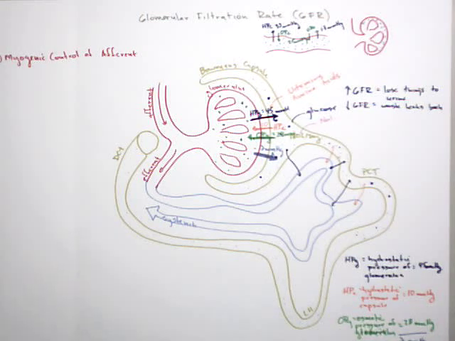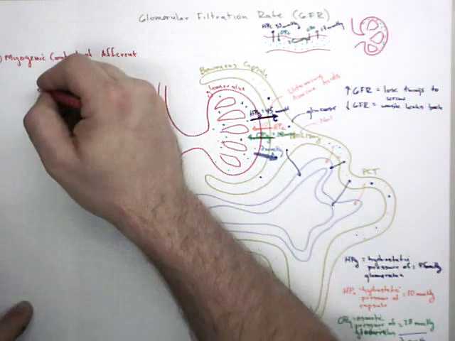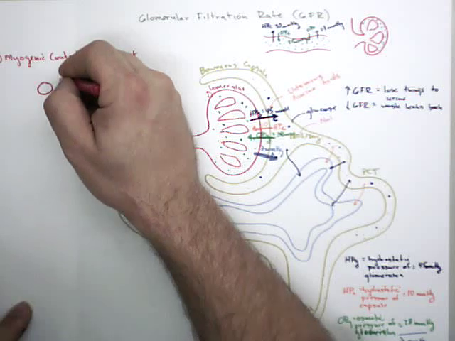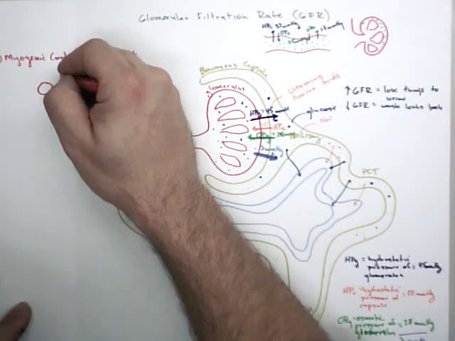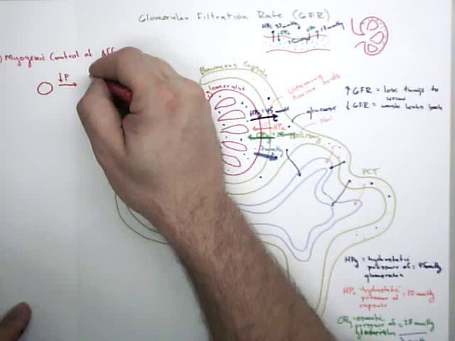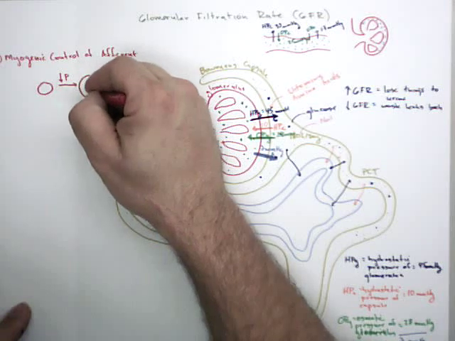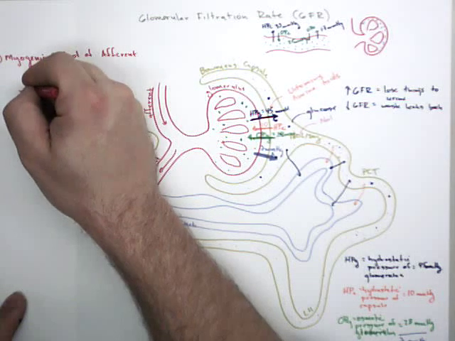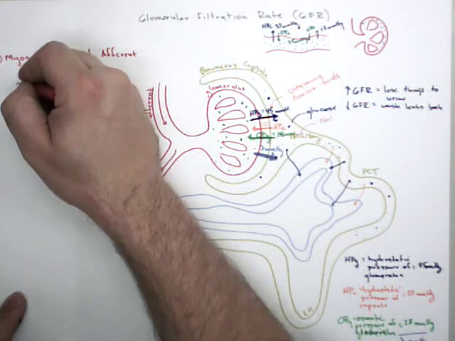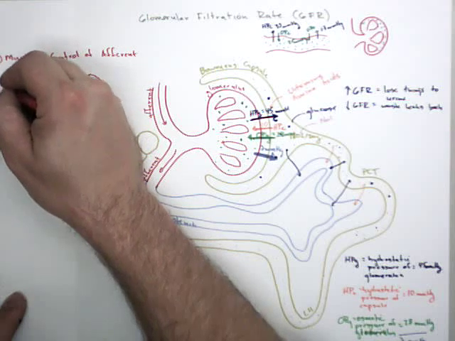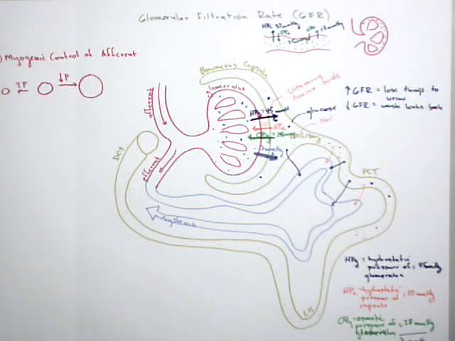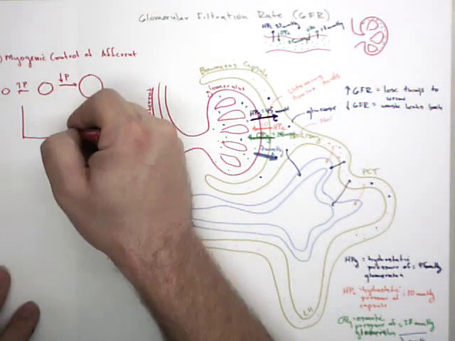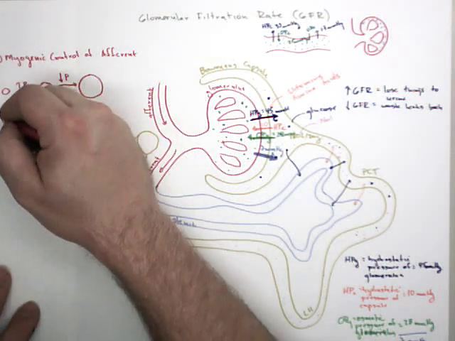So for the afferent, if we have a standard vessel right here and a decrease in pressure, then this blood vessel is going to widen out, it's going to dilate, to make sure they're still getting enough blood flow. If, on the other hand, blood pressure were to increase, then the vessel will constrict in order to keep the flow down.